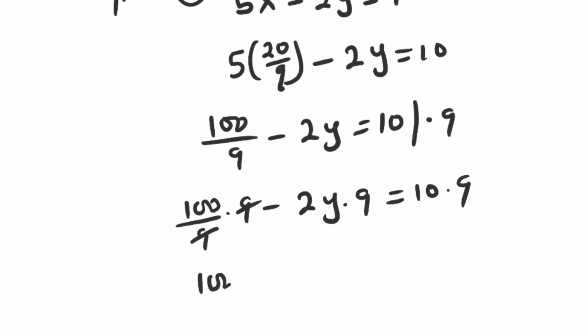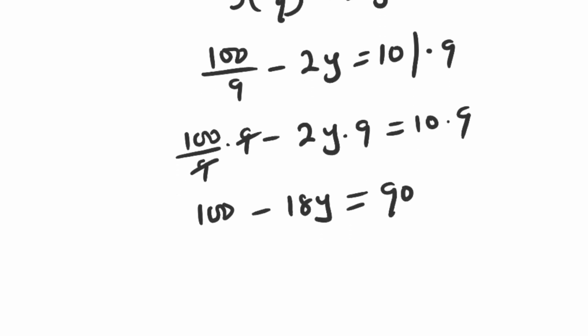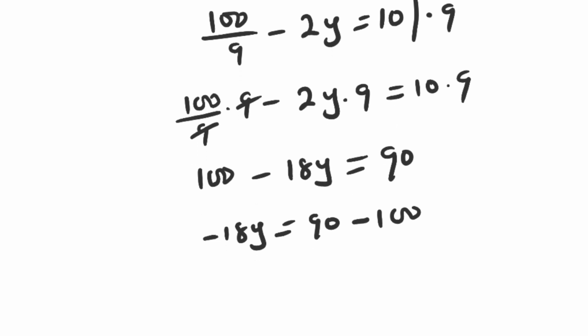We have 100 minus 2y multiplied by 9, that is 18y, is equal to 10 multiplied by 9, 90. Then this is minus 18y is equal to 90 minus 100. Now minus 18y is equal to 90 minus 100, that is minus 10.